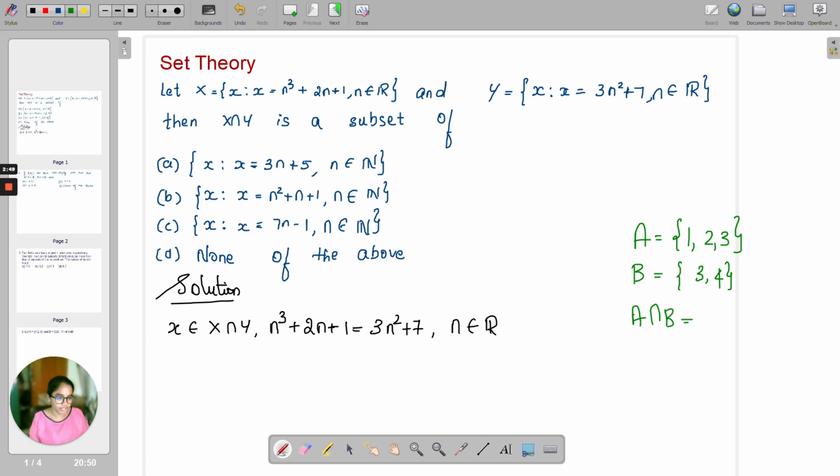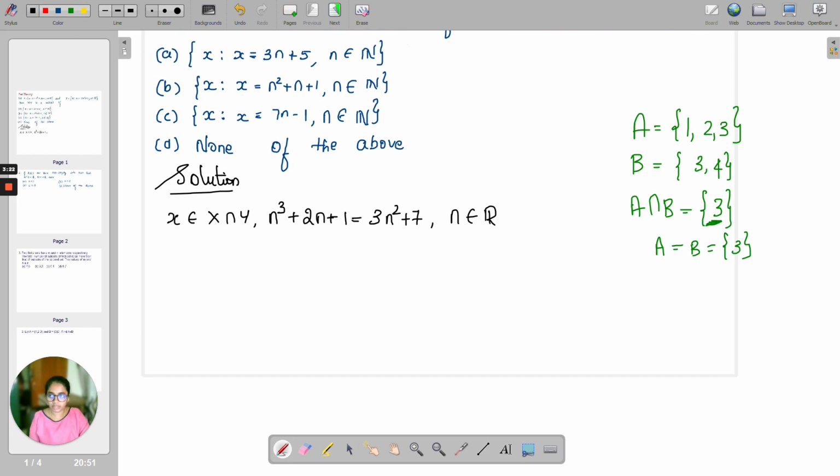A intersection B is equal to {3}. So if there were only this element, I would have written a is equal to b is equal to 3. That is what I've written here: n cube plus 2n plus 1 is equal to 3n squared plus 7. That is X intersection Y.